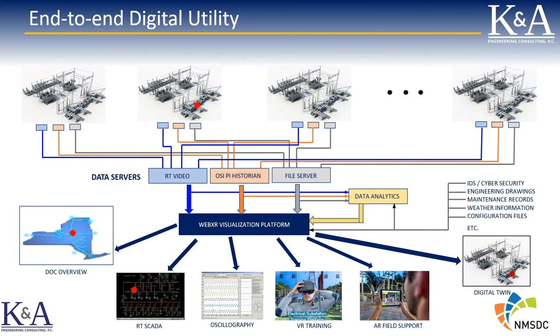Here we show some sample applications or uses of the information coming from this end-to-end digital utility. One of the applications is just an overview of the system, which you see on the left. Here, with the red dot, we're showing an event that happens at a substation. You're looking at an overview of the system. You get immediate notification of an event that took place.